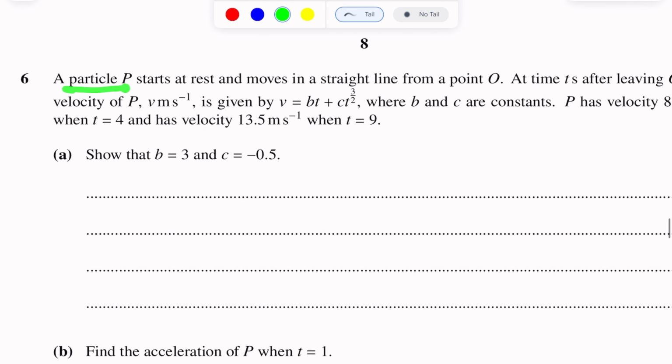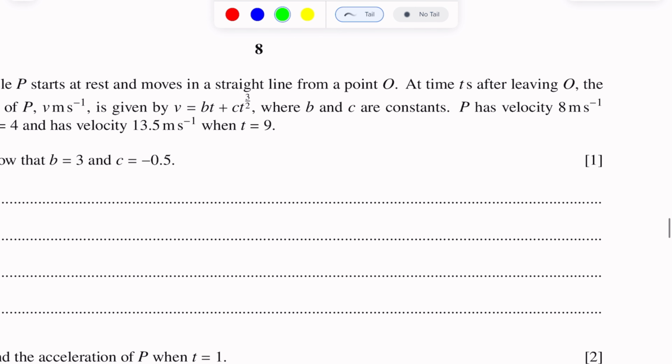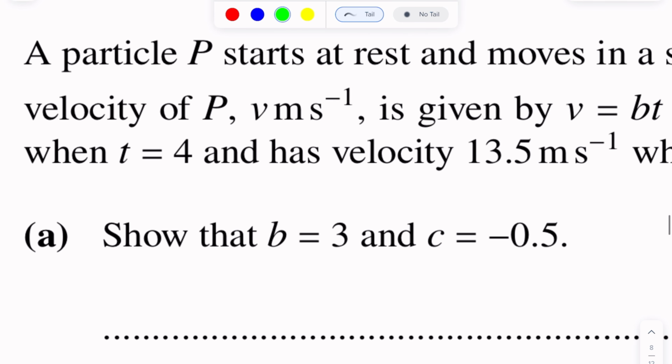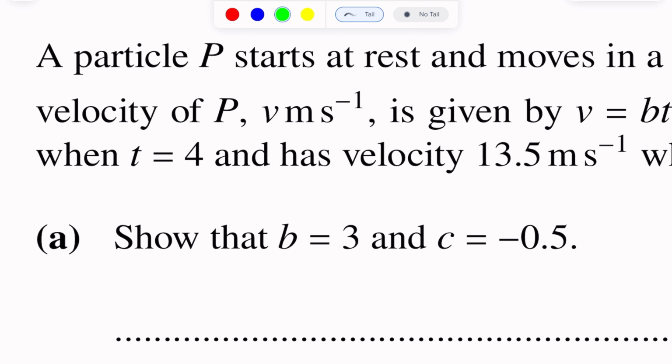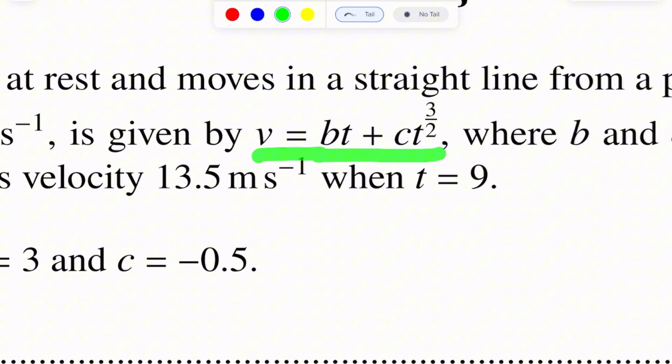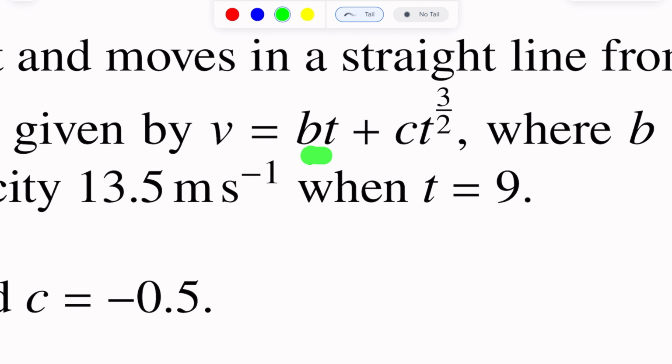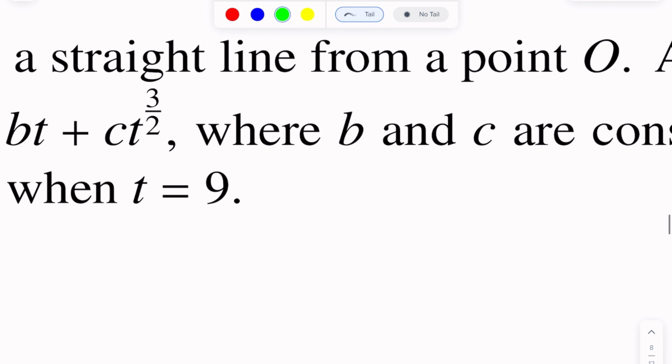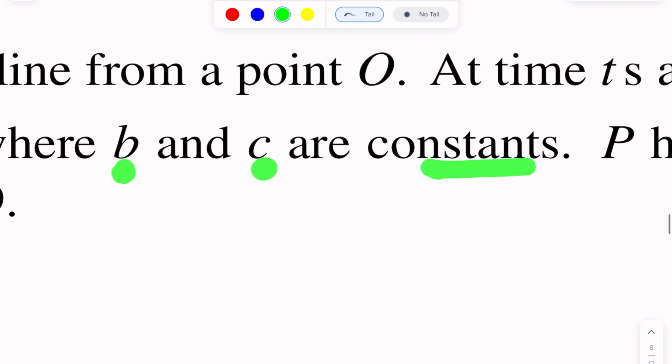A particle P starts at rest. At rest, it means initial speed will be 0, and it moves in a straight line from a point O. At time t seconds after leaving O, the velocity of P, v meters per second, is given by the velocity-time relation v = Bt + Ct^(3/2), where B and C are constants.